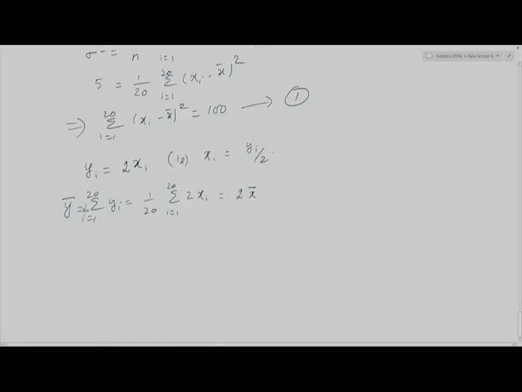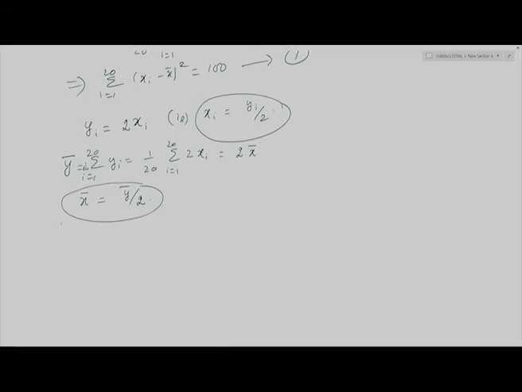So, the mean of the yi's is twice the mean of the xi's. Therefore, x bar is equal to y bar divided by 2. This is the relation between xi and yi and x bar and y bar.